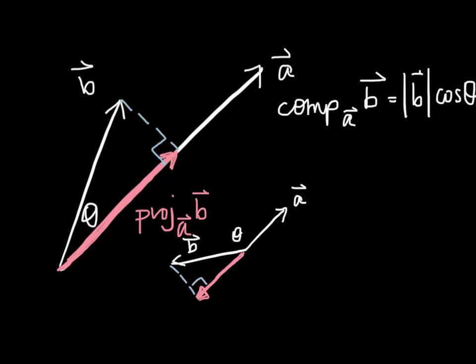That means that it will give us the length of the vector, but if it's a positive length, that means that they're generally pointing in the same direction as in our first example up here. But if it is a negative number, the magnitude is the length, and the sign is indicating that they're pointing in opposite directions.